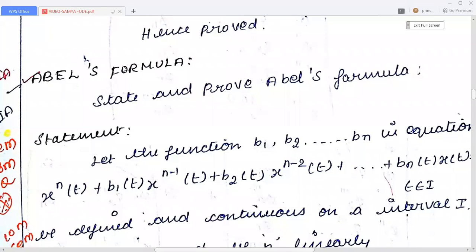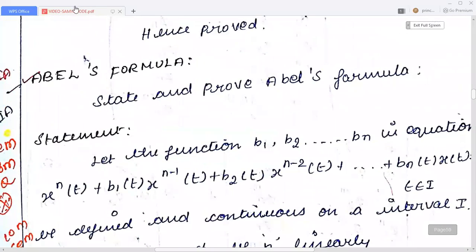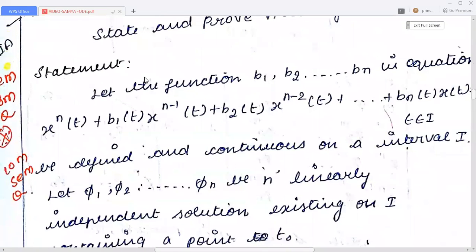Right. Next one, Abel's formula. State and prove Abel's formula. So here first we write the statement.